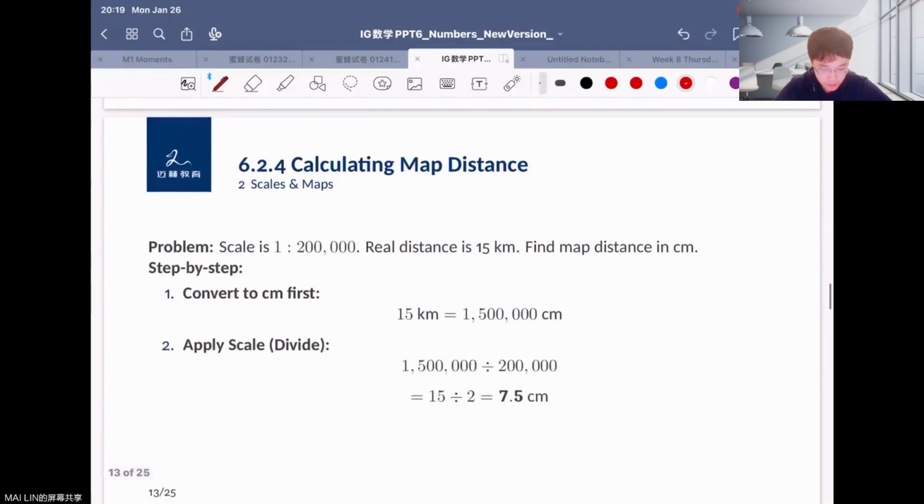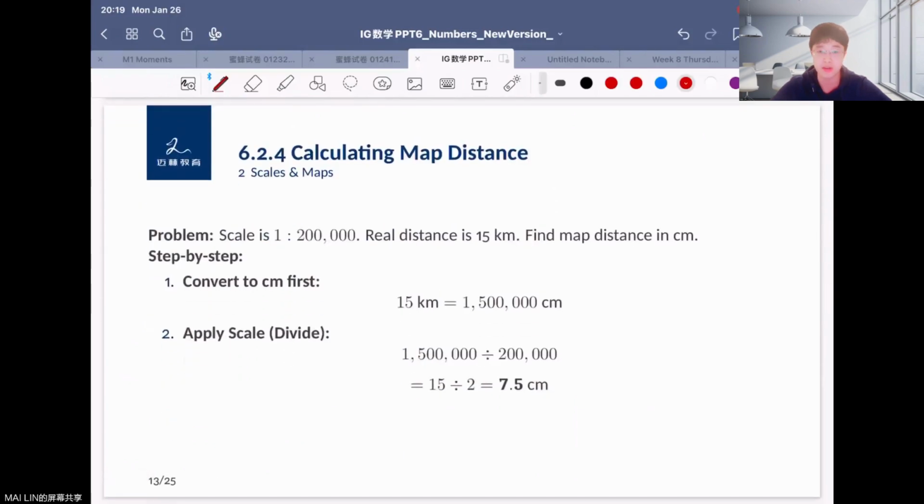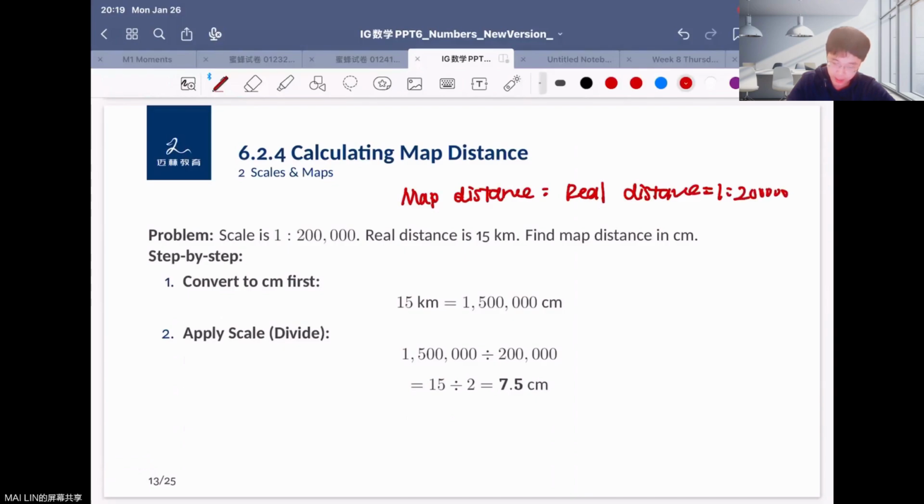Another problem: the scale is 1 versus 200,000, and the real distance is 15 kilometers. The map distance versus the real distance equals 1 over 200,000.